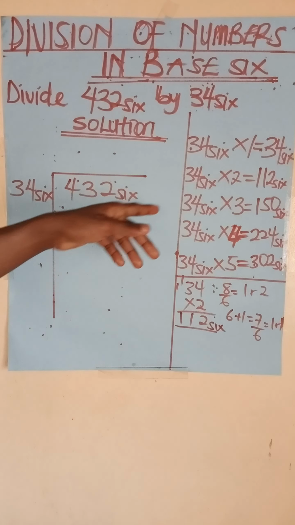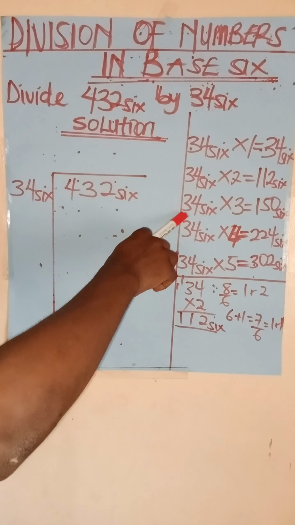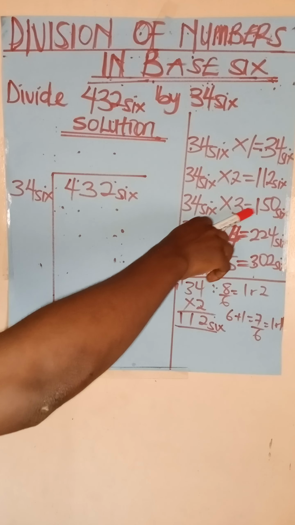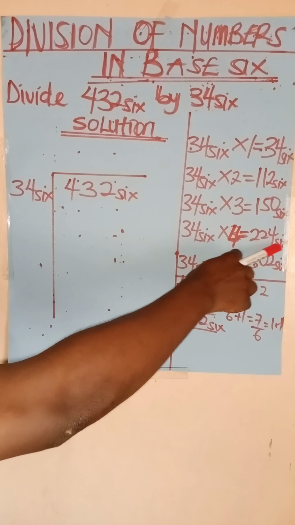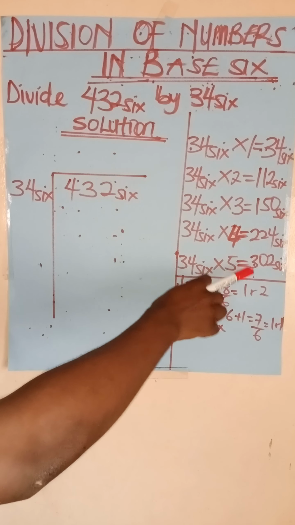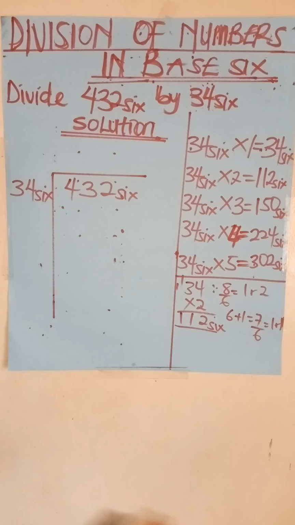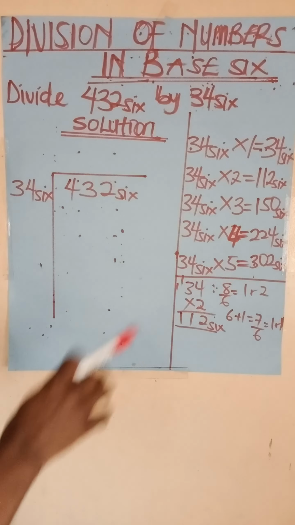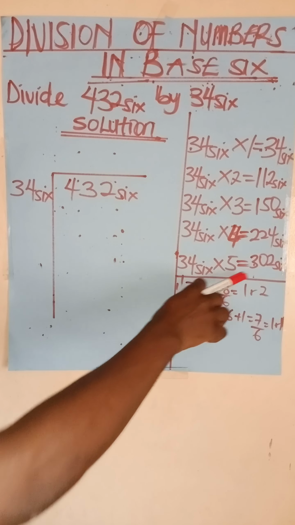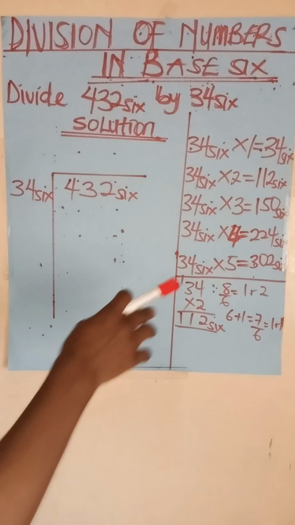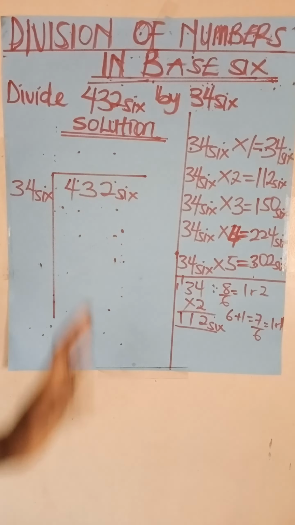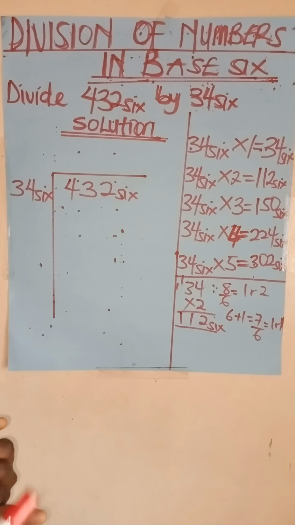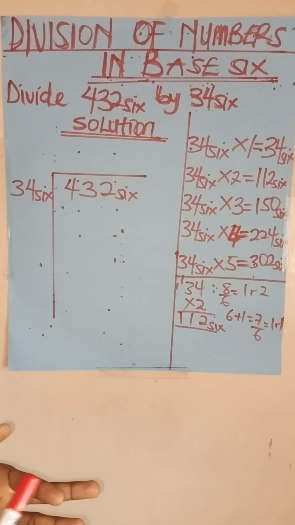So if you try for the others, the same thing applies: 34 base 6 times 3 gives you 150 base 6. 34 base 6 times 4, 224 base 6. 34 base 6 times 5, 302 base 6. Why don't I say 34 base 6 times 6? I won't say times 6 because, don't forget, the numbers within base 6 are what? 0, 1, 2, 3, 4, 5.